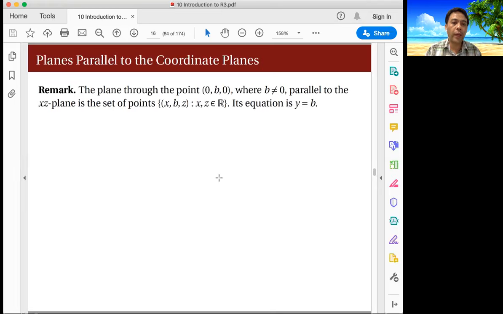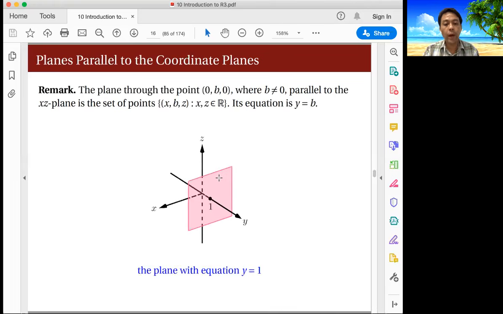How about a plane which passes through the point (0, b, 0) on the y-axis and is parallel to the xz plane? If it is parallel to the xz plane, then y will always be equal to b. And that is in fact the equation, y equals b. For example, y equals 1. So all points on that plane colored pink will have coordinates (x, 1, z). And that will be parallel to the xz plane.